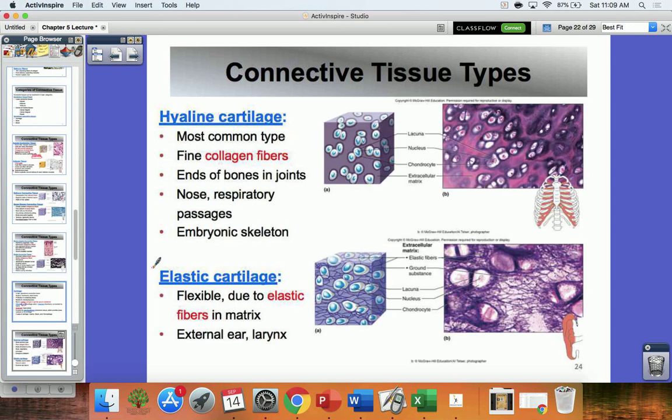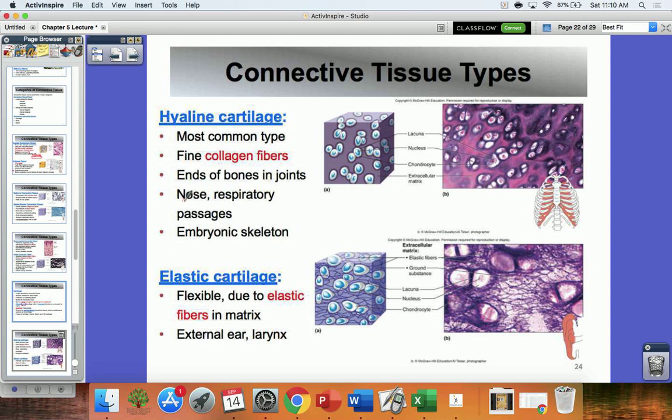The first one, hyaline cartilage, still these are going to be made up of those fibers that we were just referring to, collagen fibers. If you remember, those are the ones that are very tough. They have a bit of flexibility, but very tough. So we're going to find these in places like the ends of our long bones, where we make our joints.